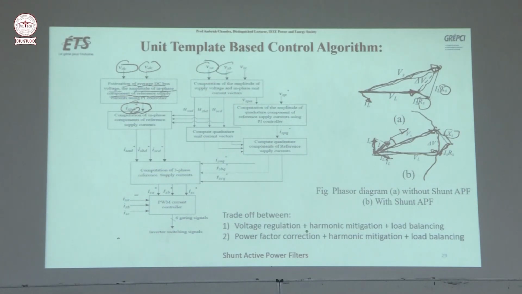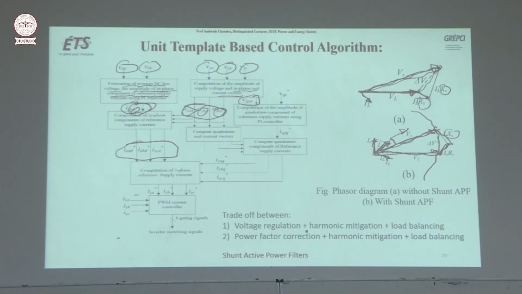You measure three voltages, VSA, VSB, VSC, calculate the amplitude as we have done earlier, and calculate the in-phase unit current vectors. Then you multiply this current by these to give the in-phase source current references.